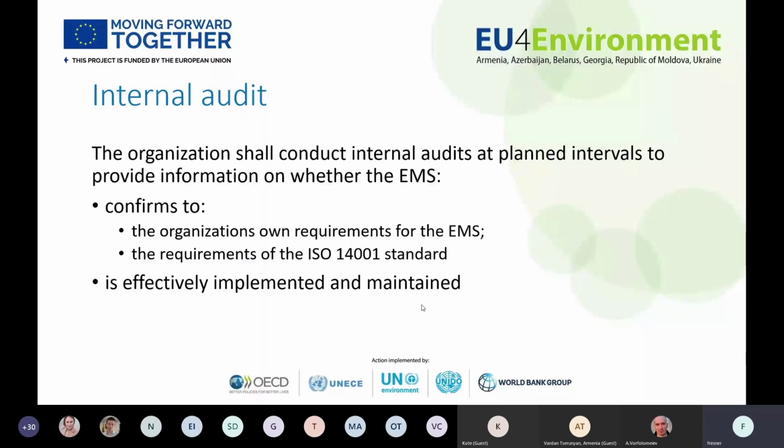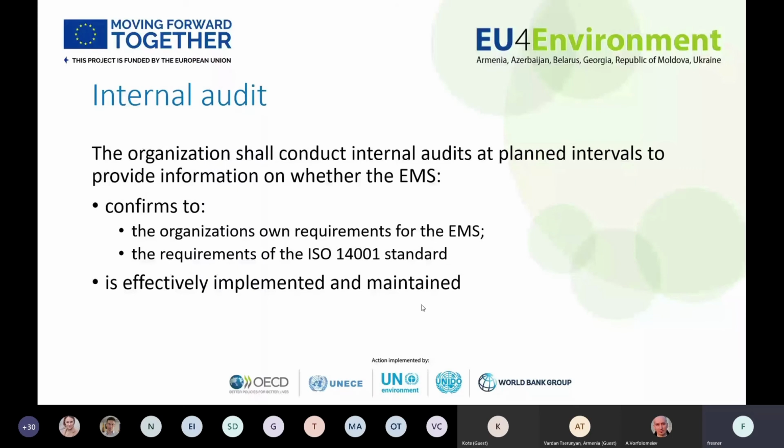Now, the internal analysis of all these procedures and of their effectiveness and actual implementation is done in the internal audit. Internal audit means looking into the organization, whether the procedures are working as they are planned.